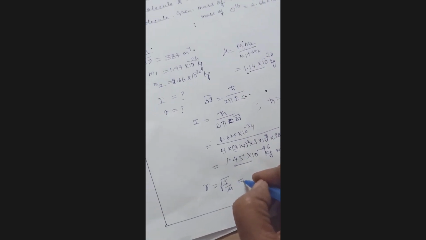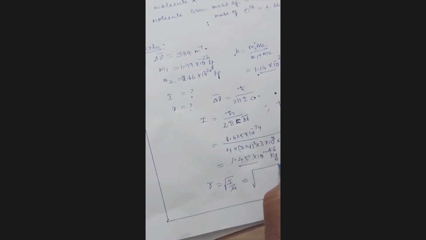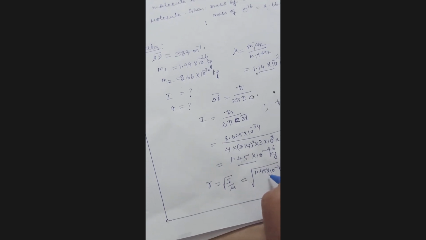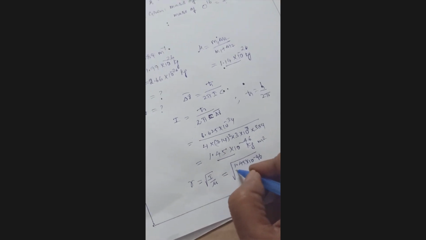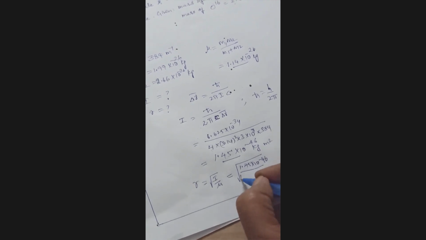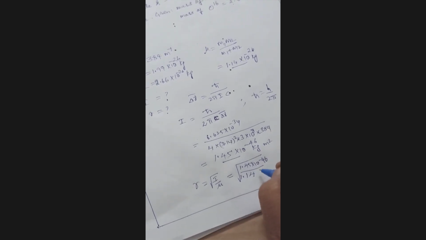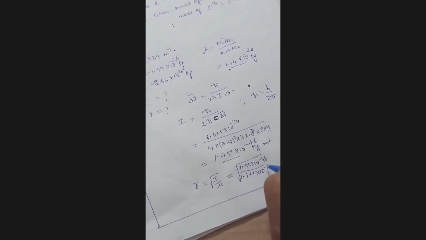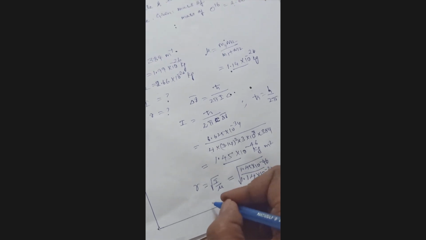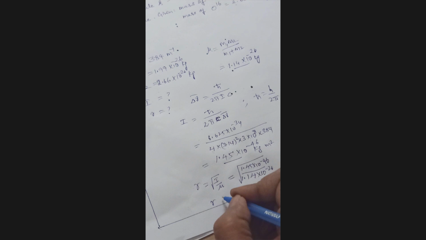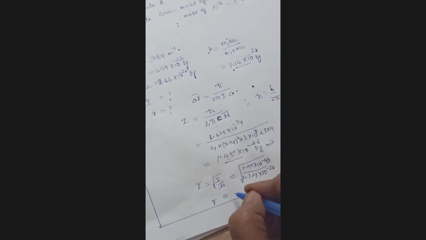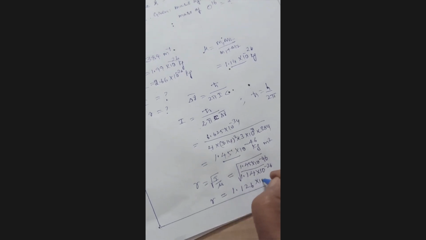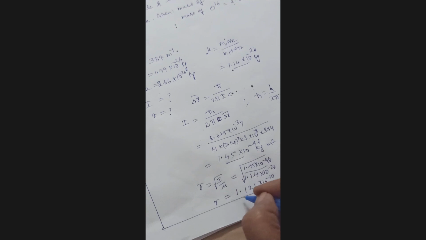So let's substitute. I is 1.45 10 raised to the power minus 46 divided by mu, 1.14 into 10 raised to the power minus 26. When we simplify this, R comes out to be 1.126 10 raised to the power minus 10 meters.